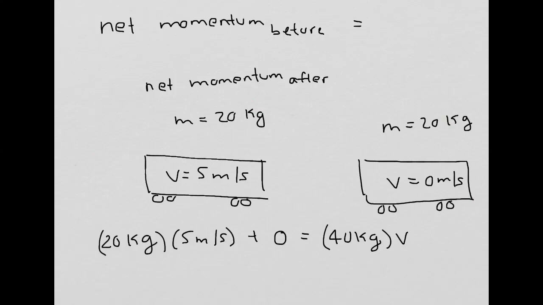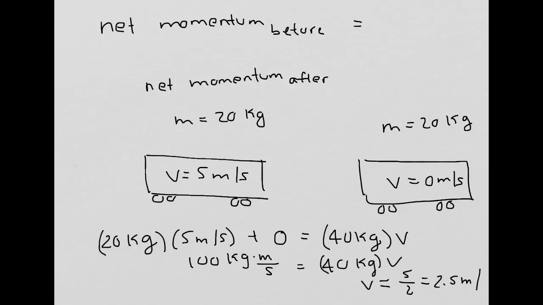Okay, so solving for v, 20 times 5 is 100, and I divide by 40 kilograms. I get that velocity is 100 over 40, which is the same as 5 over 2, or 2.5 meters per second.